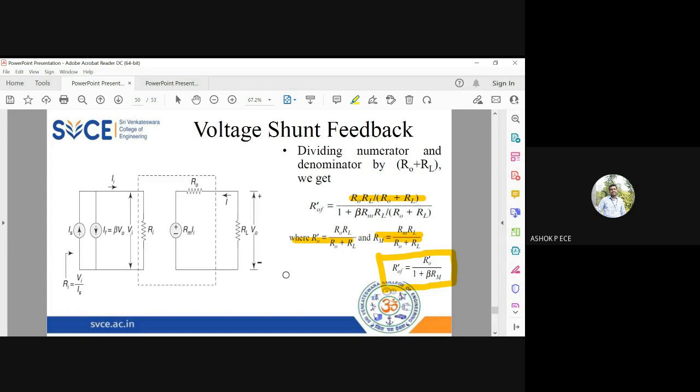So if R naught F is reducing, R naught F dash will also reduce because it is considering your R naught F, right? So if I draw a diagram, R naught F will be found here and R naught F dash will be found here, considering RL. So when you include RL, you call it R naught F dash.